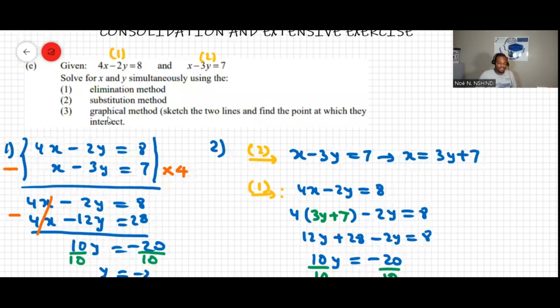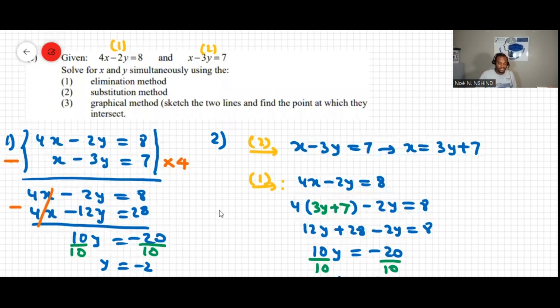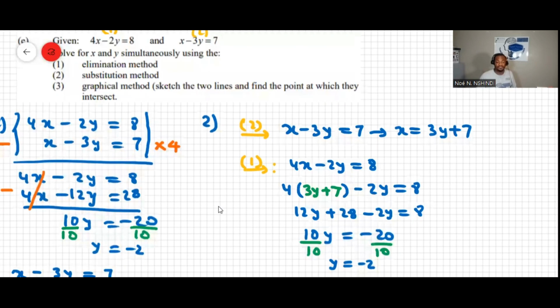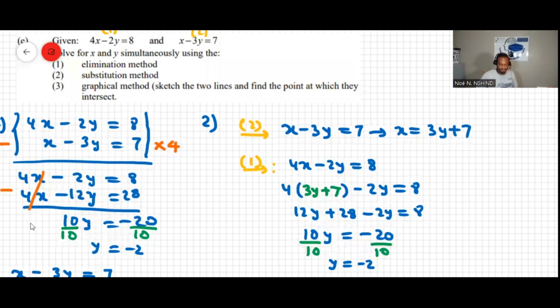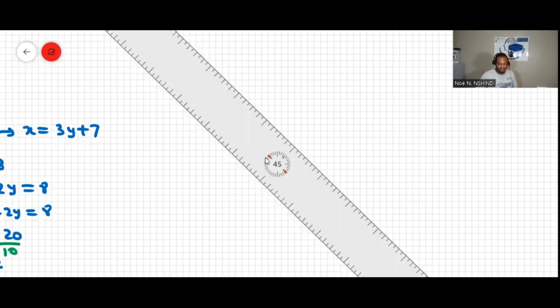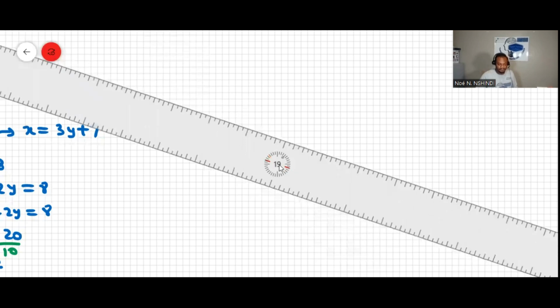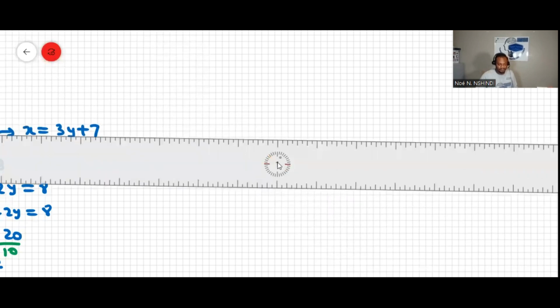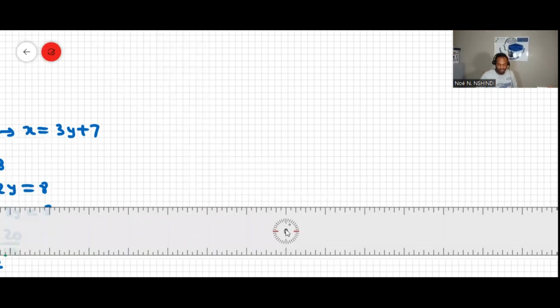And question 3 says the graphical method. The graphical method consists here of, first, we're going to find the intercepts. Now let's first draw the Cartesian plane. I'm going to do the Cartesian plane. This is the x-axis.